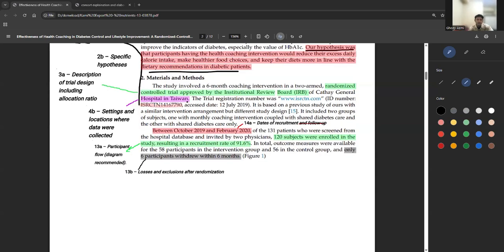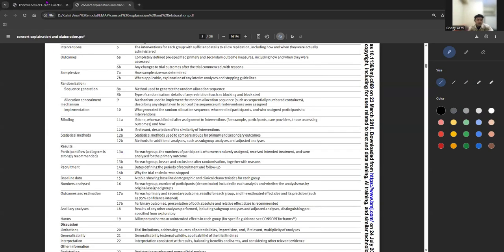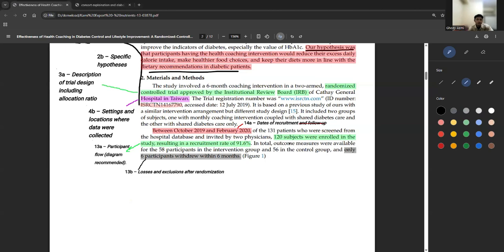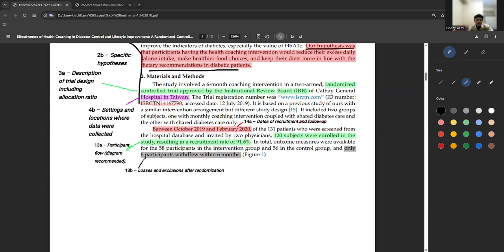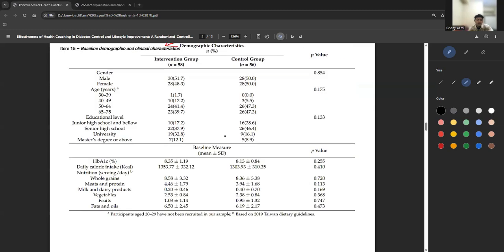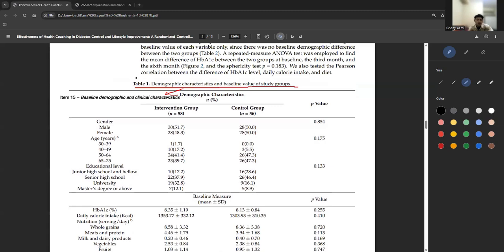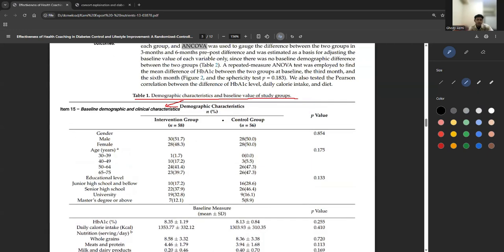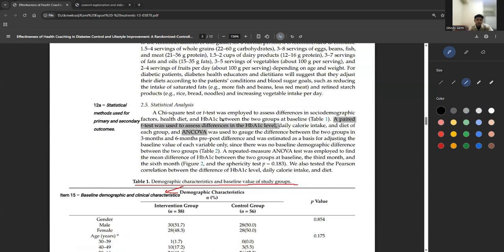And then we move to item 15, which gives the baseline characteristics. This is item 15, baseline demographic and clinical characteristics, like the baseline values of the study groups. And then we move to 16, which gives numbers analyzed.